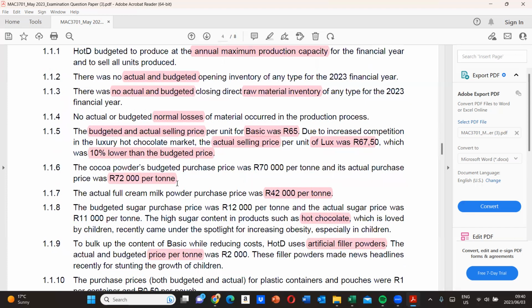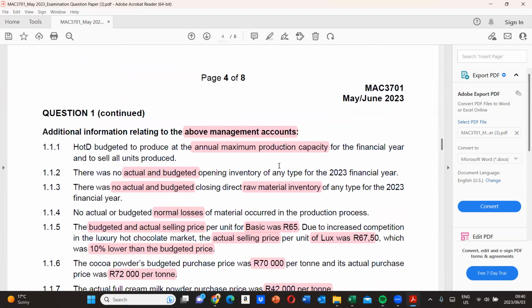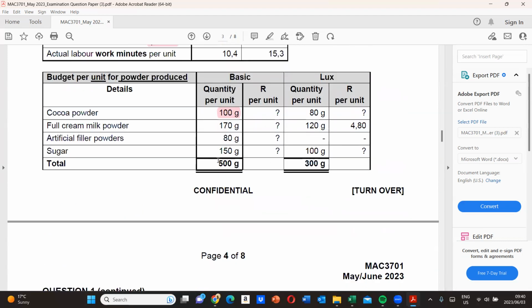So let's see what's happening in regards to cocoa powder. The cocoa powder's budgeted purchase price was 70,000 rand per ton. So this is what they budgeted now to produce per ton. Let's see how much cocoa powder we used. Cocoa powder is 100 grams per unit.